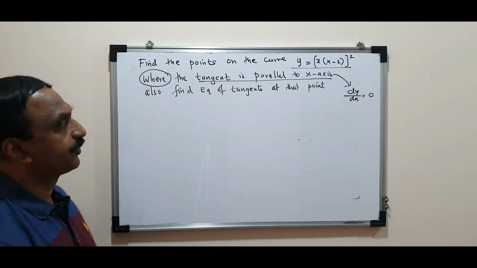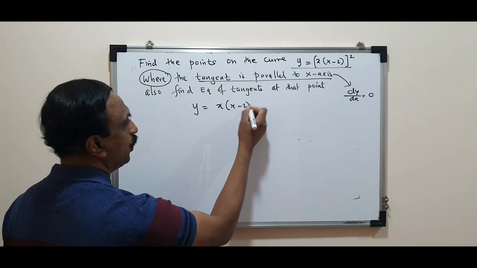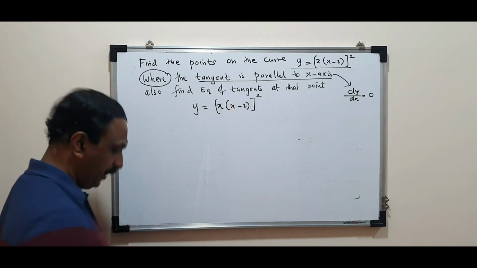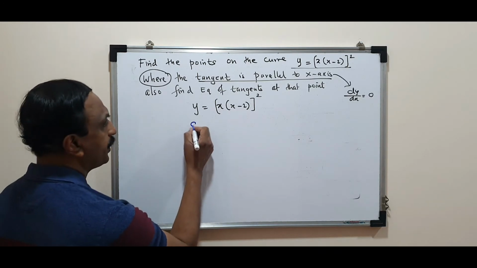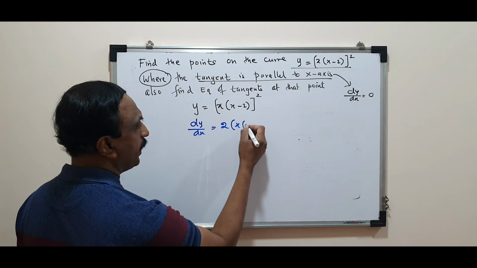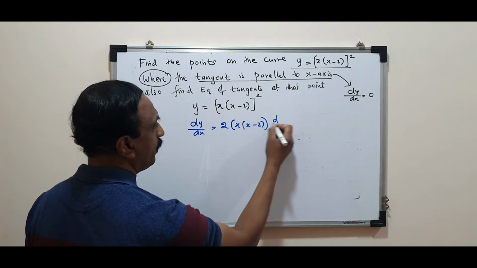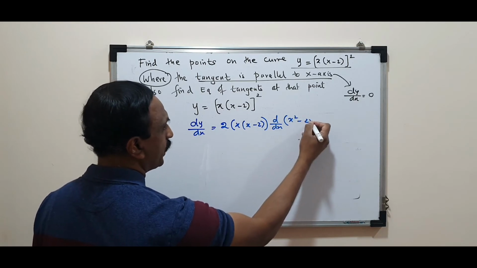So what we'll do? We'll take the function y is equal to x into (x minus 2) the whole square and calculate the derivative. dy by dx is equal to 2 into (x minus 2) into d by dx of (x squared minus 2x).